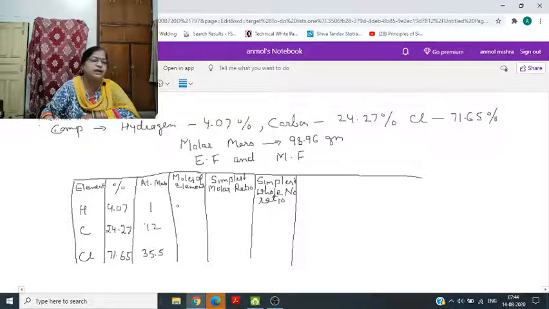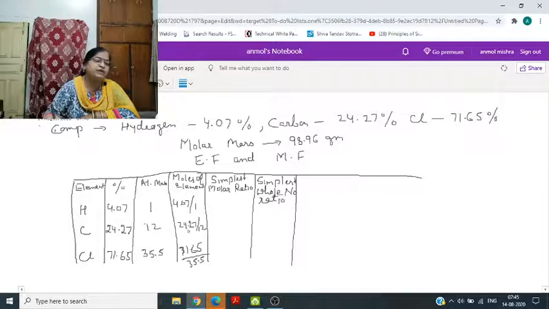So moles of element is percentage divided by atomic mass: 4.07 divided by 1, 24.27 divided by 12, and 71.65 divided by 35.5.